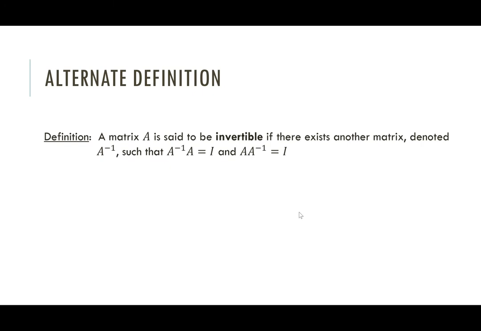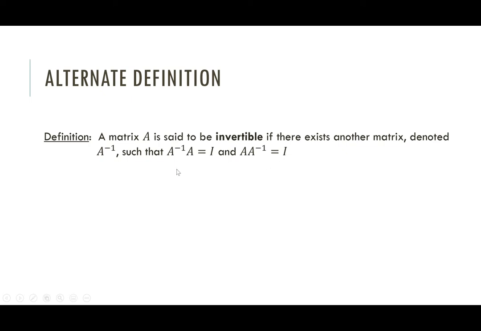Here's something you may have seen before if you've encountered matrices. A matrix A is said to be invertible if there exists some other matrix, which we'll denote A raised to the -1, such that if you multiply A on the left by A to the -1, you get the identity matrix, and if you multiply A on the right by A to the -1, you also get the identity matrix.